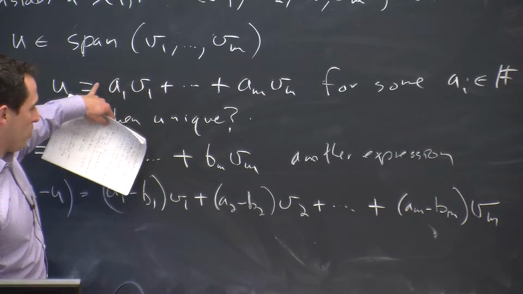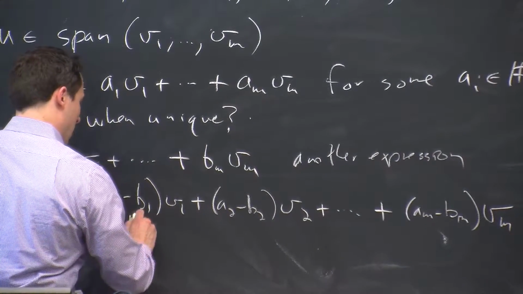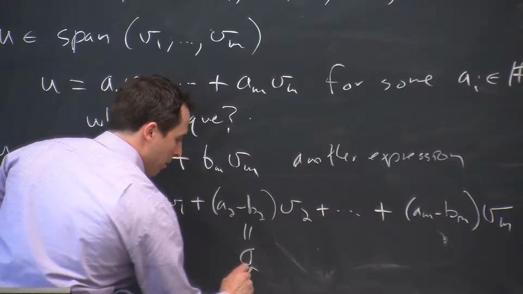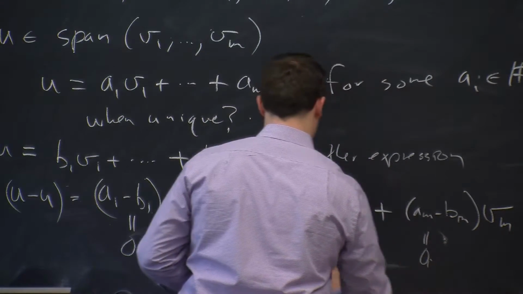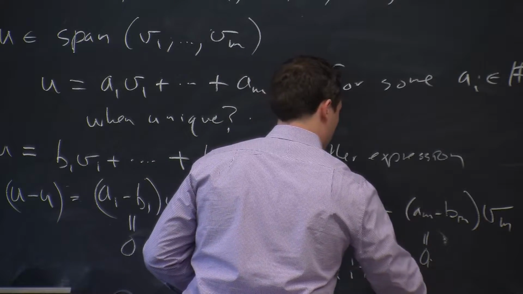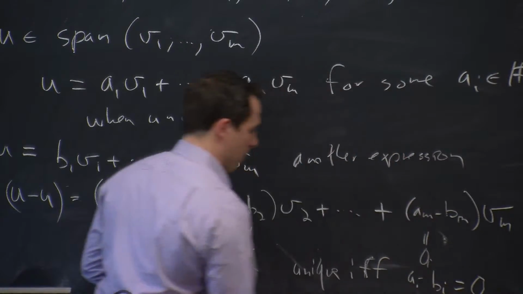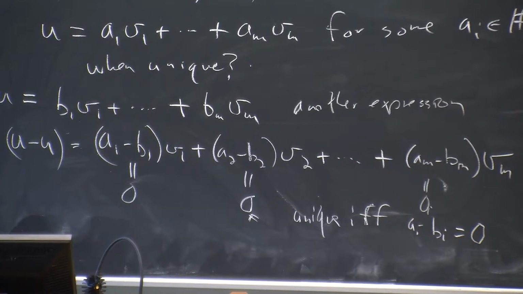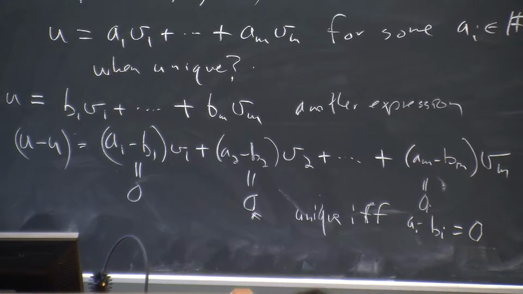This expression was unique if all the ai were equal to all the bi, that is, if each of these things was just 0, a 0 field element, by the way. So unique if these ai minus bi are all 0. If some of them can be non-zero, then the expression was not unique.